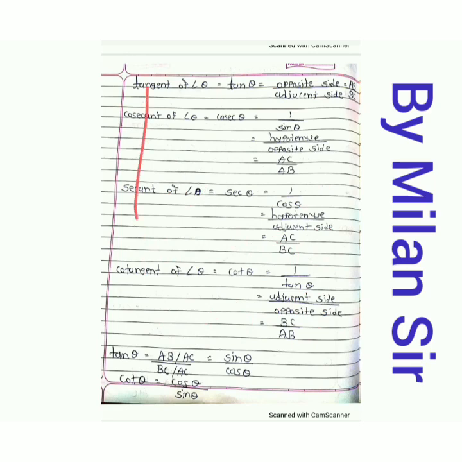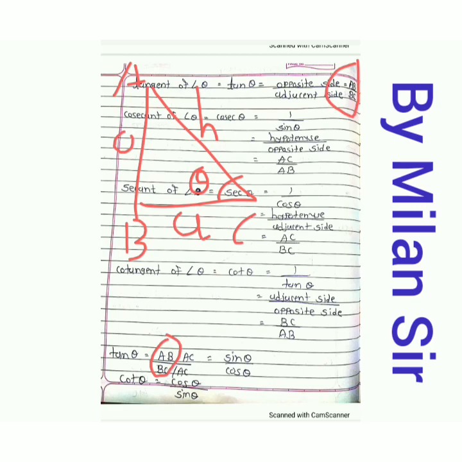First of all, I draw that triangle ABC, here theta, this is opposite side, adjacent side and hypotenuse. Now look at the formula of tan theta, it is AB upon BC. Now divide numerator and denominator by hypotenuse, that means AC. AC cancels, that means we change nothing in the original formula, we just try to change the form of our formula, right?